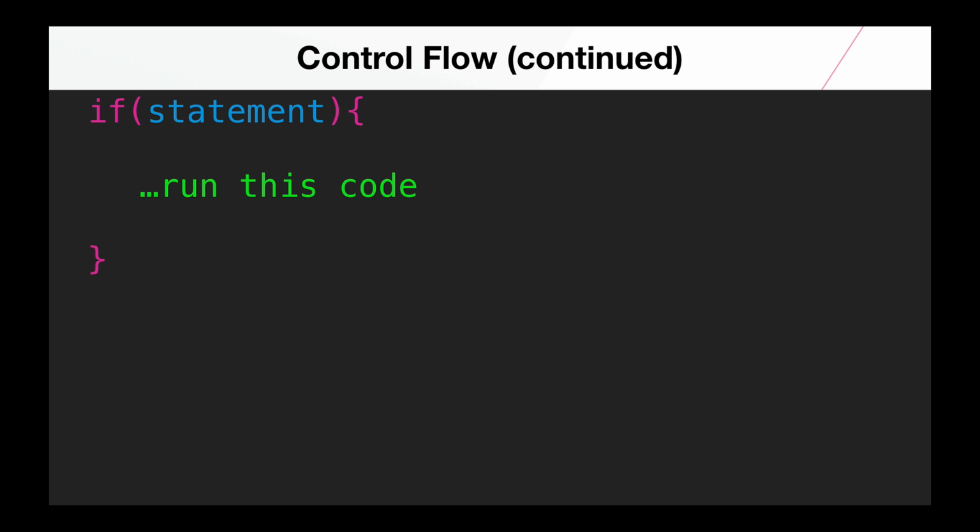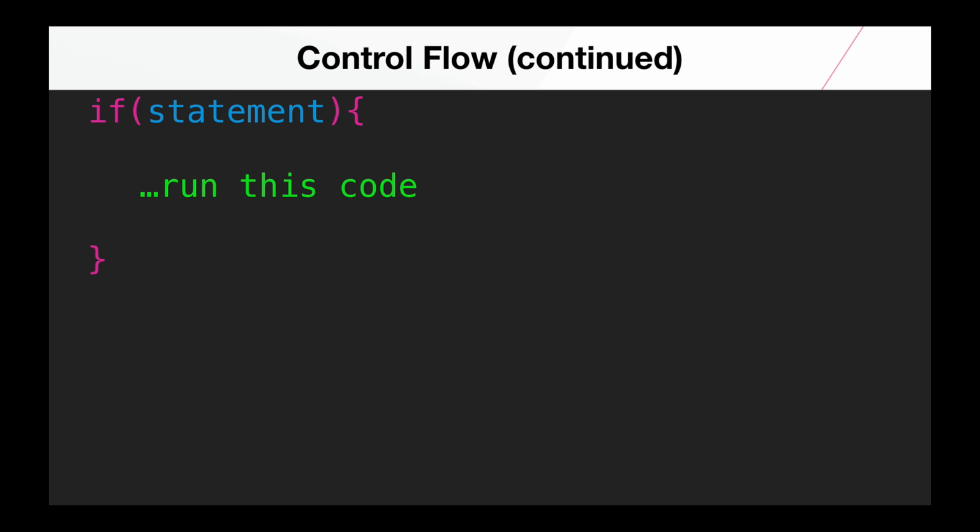All right, now that we've got logical operators out of the way, let's talk about control flow again. We remember that control flow allows us to evaluate an expression, or a statement in this case, and if that expression or statement evaluates to true, then it will run code between the brackets. Well, sometimes we want to evaluate an expression multiple times.